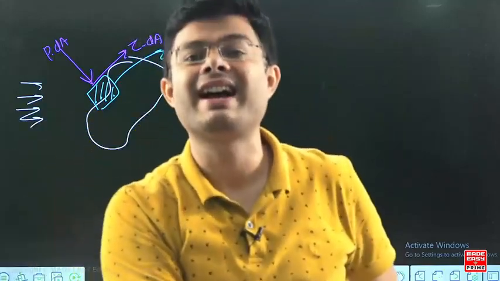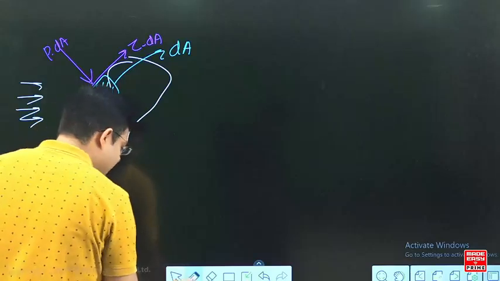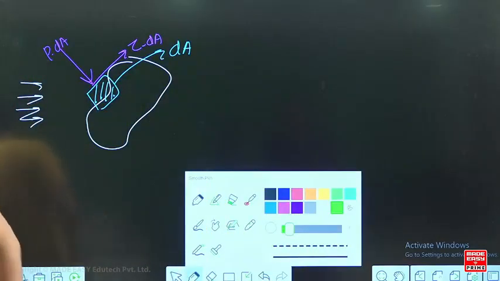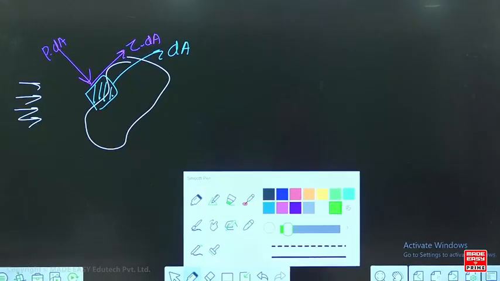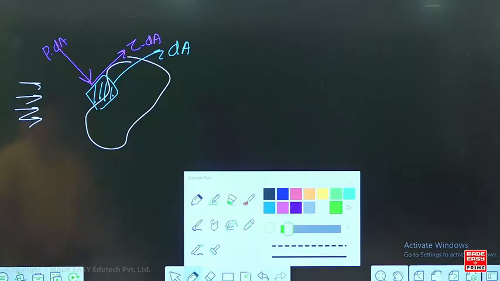So basically there are 2 forces, pressure and shear. But pressure can create drag and lift, and shear can create drag and lift.